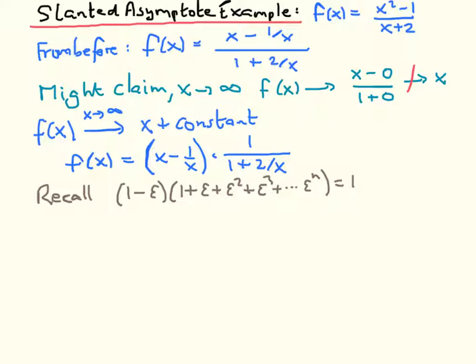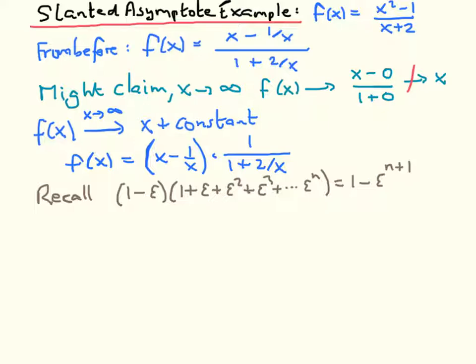You can work through this if you don't know the identity and see everything will cancel except for minus epsilon times epsilon to the n, and that will give us minus epsilon to the n plus 1.